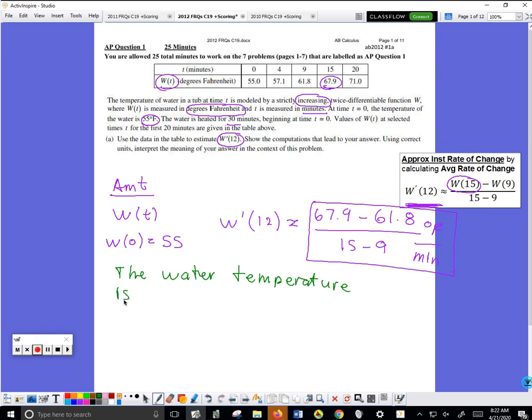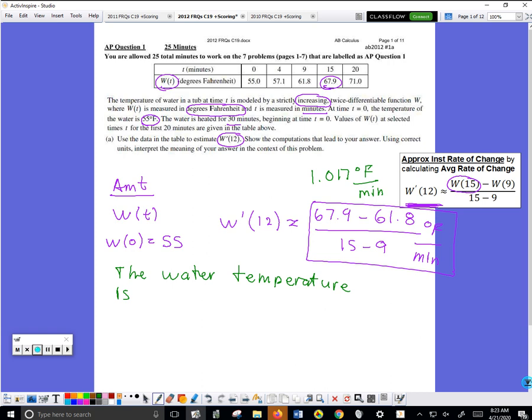We don't have to work this out. If you did work this out, it turns out to be 1.017 degrees Fahrenheit per minute. So I suppose this is an example of where, because I have to write out what it means, it is a little bit easier to have that computation.